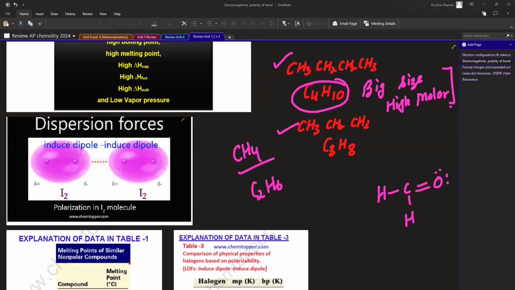So dispersion forces or London dispersion forces are also called induced dipole forces. They depend on two factors, molar mass and surface area, big size or small size. Why?